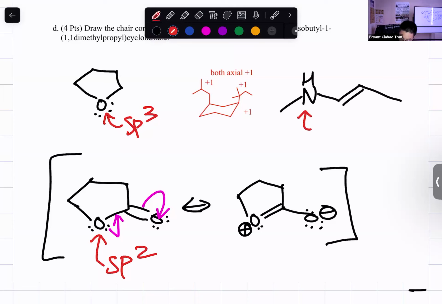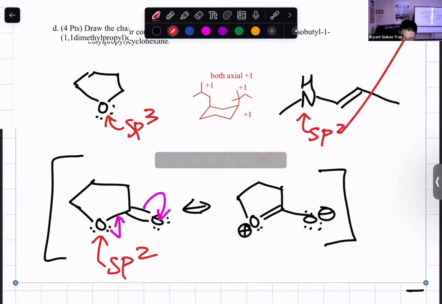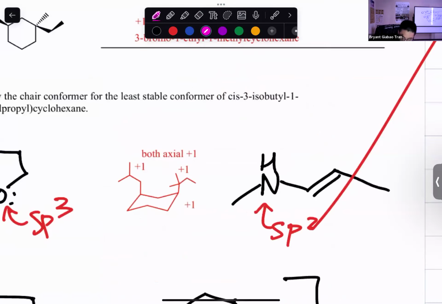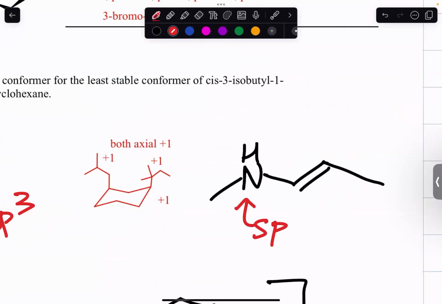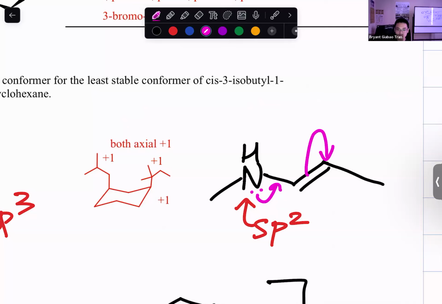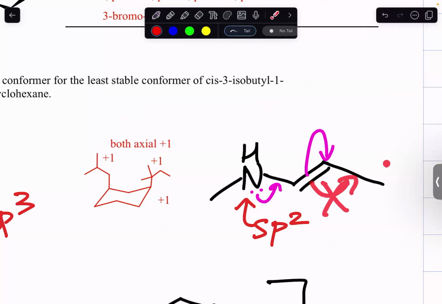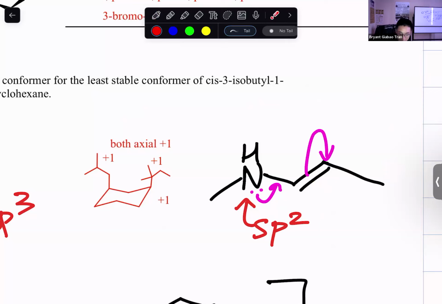This nitrogen looks sp3, but it's actually sp2 because it can do resonance to the bond to the right of it, and then that bond would go to the carbon. Not to the bond here; it won't make a double bond right there, because this is an sp3 roadblock. So it's going to make a negative charge on this carbon right here. Those are the other scenarios that you might see it in.